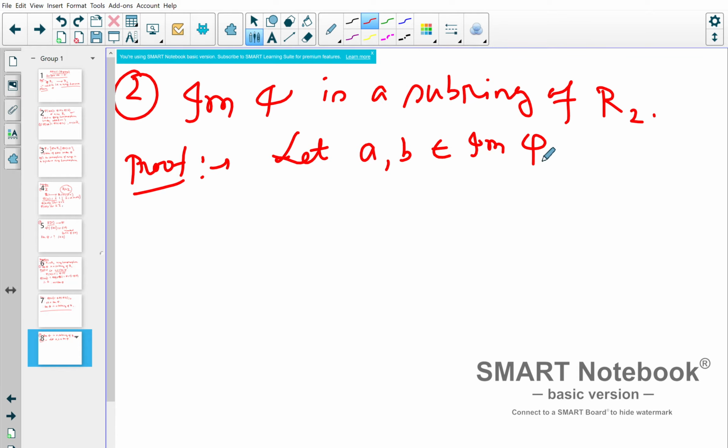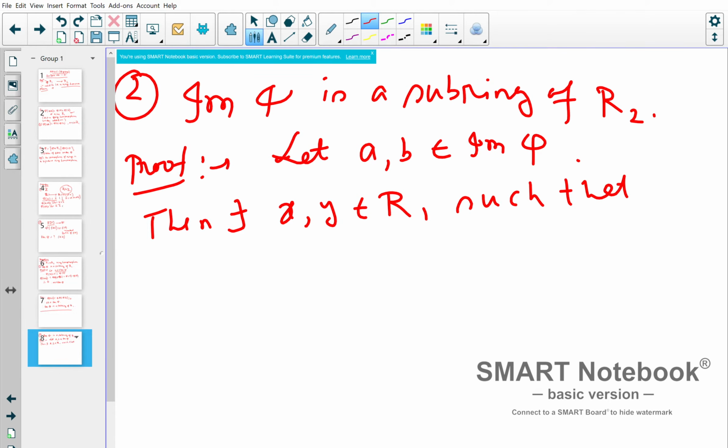Now if a and b belong to the image of phi, what does that mean? Then there exist some x and y in R1 such that a is phi of x and b is phi of y, right?